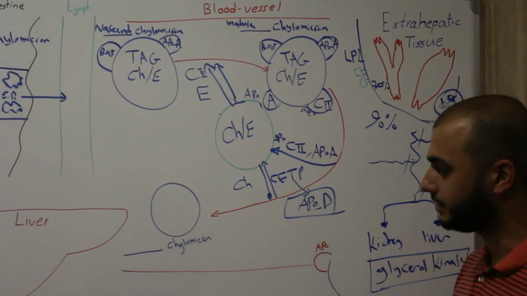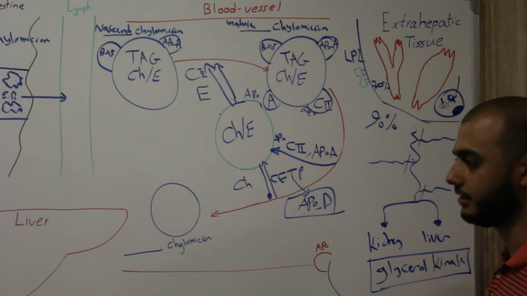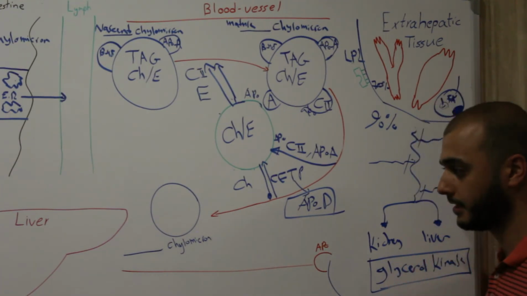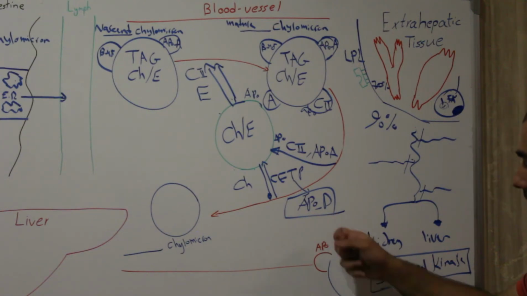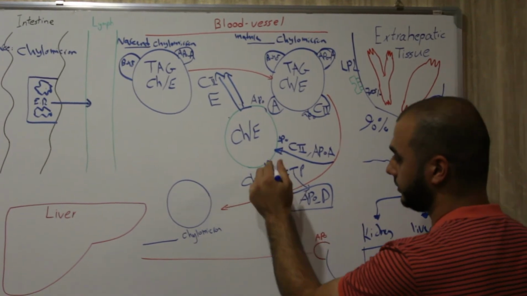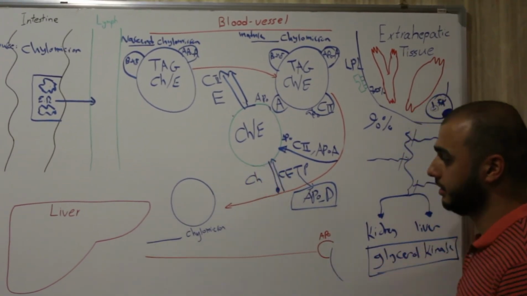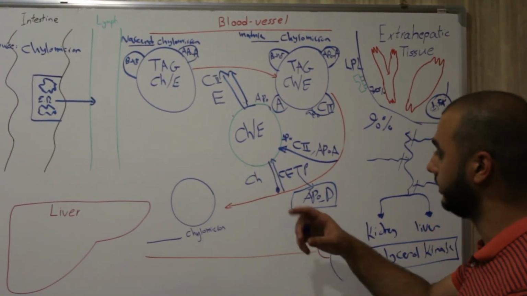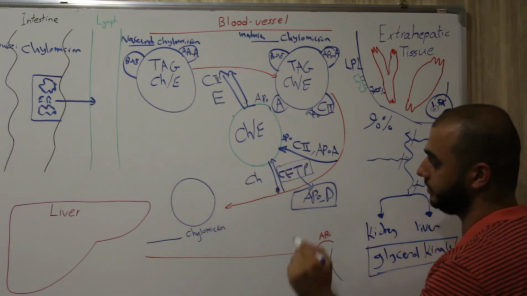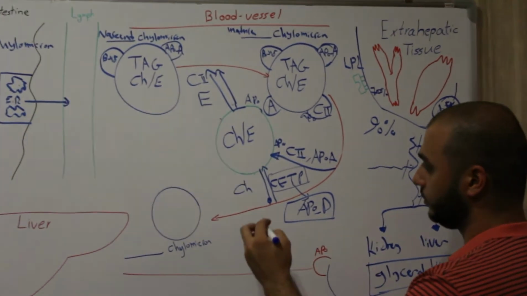Apoprotein D is different from the other apoprotein molecules and is produced by the liver. It helps promote this transport between HDL and chylomicron and others. So it helps this enzyme, CETP.